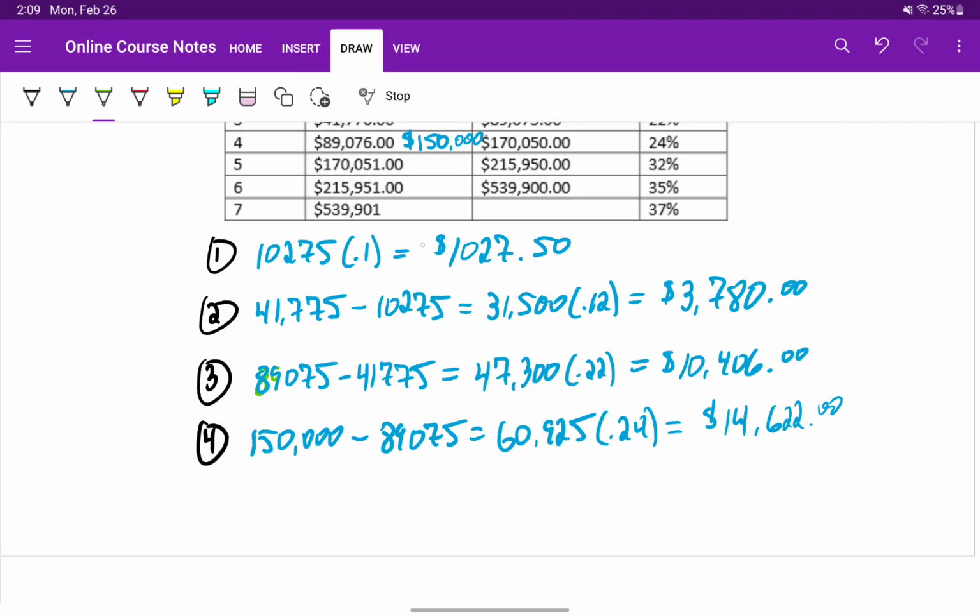Now what we do is take each of those individual amounts and add those up to give us a grand total of $29,835.50 that this person owes in taxes.